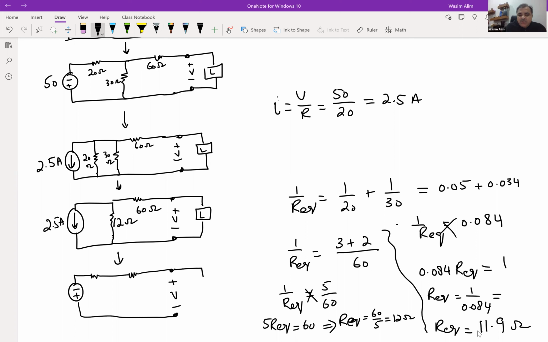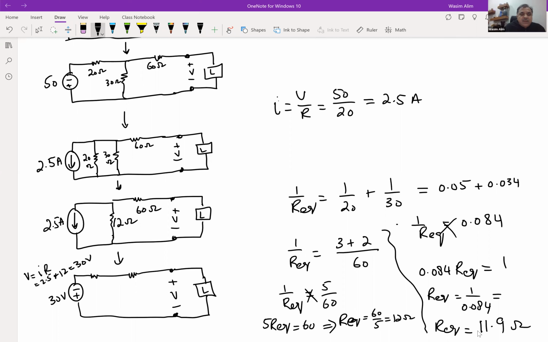As I mentioned, there is no unique solution; you can get to the right solution using different techniques. I won't go through the other solutions, but I can show you how other techniques can be used here. In this case, my voltage is current times resistance, so the current is 2.5 and resistance is 12 ohms. That becomes 30 volts. So I can write this as 30 volts.